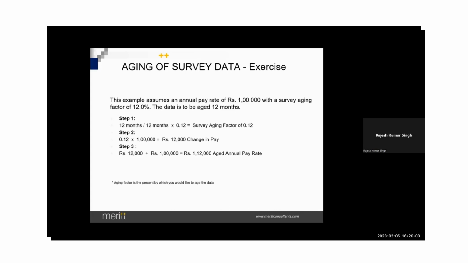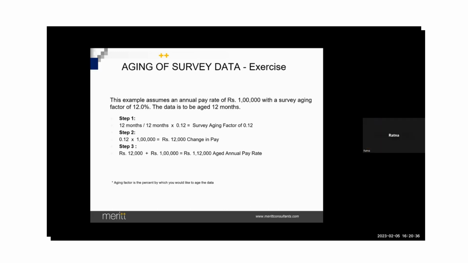How do you arrive at this survey aging factor? You can't really calculate it yourself. Typically, if you go through any Hewitt analysis, or even the internet, if you search for the survey aging factor, it will give it to you, because it takes into consideration GDP, COLA, everything. So you have to pick it up from the survey aging factor, because it has a lot of various elements incorporated into it.